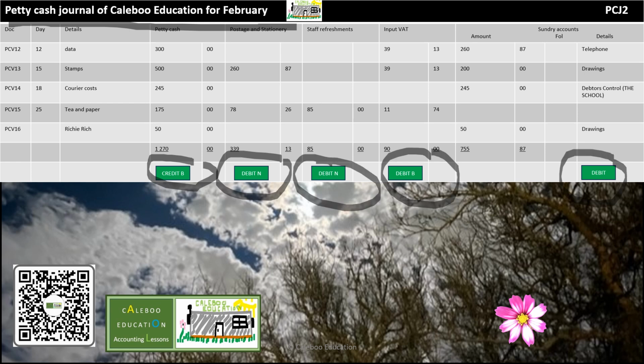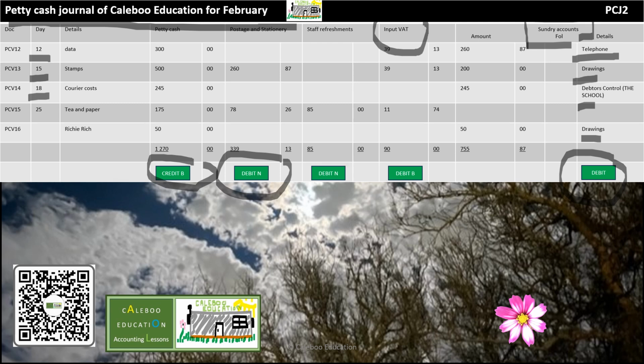Remember, we try and keep these in date order. I will start from sundry accounts, as if an item appears under sundry, we take the information on the day the transaction took place. If, for example, an item like input VAT has its own column, we take the total of the column on the last day of the month.